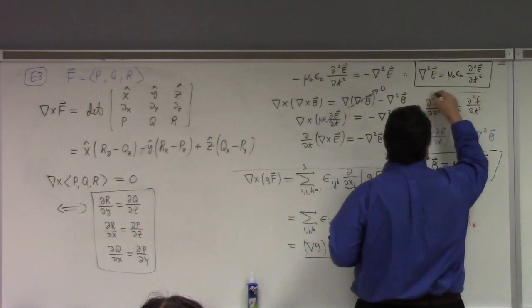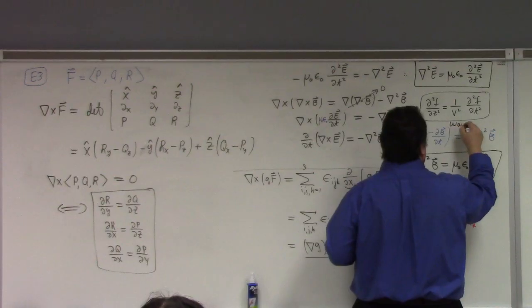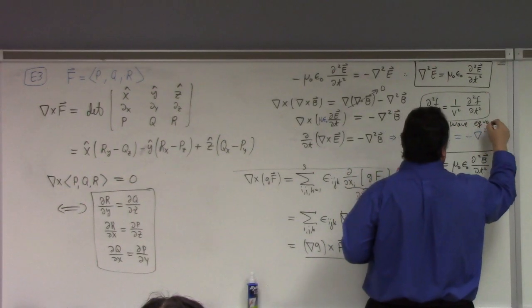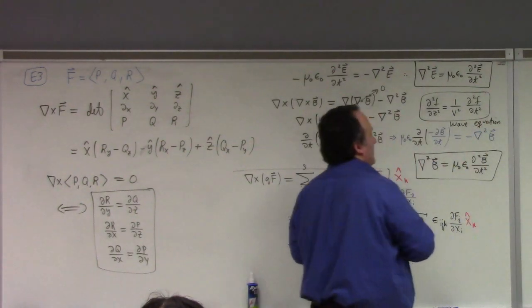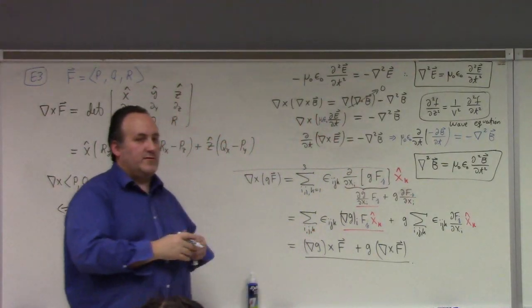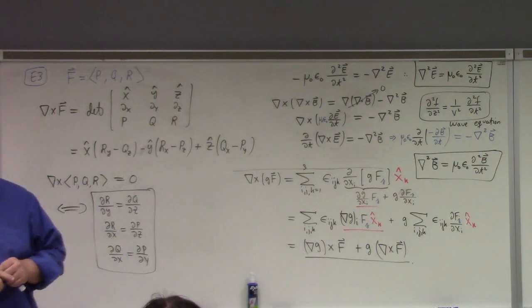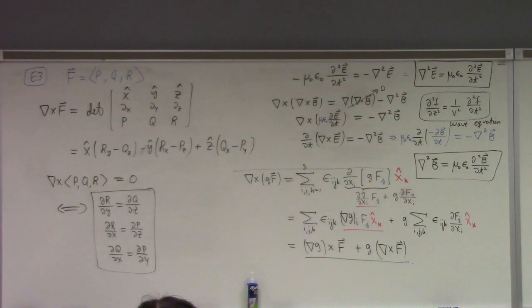This, what I'm writing right here, is a wave equation. It's a wave equation for a transverse wave on a string. That's the equation that a wave on a string has to satisfy.